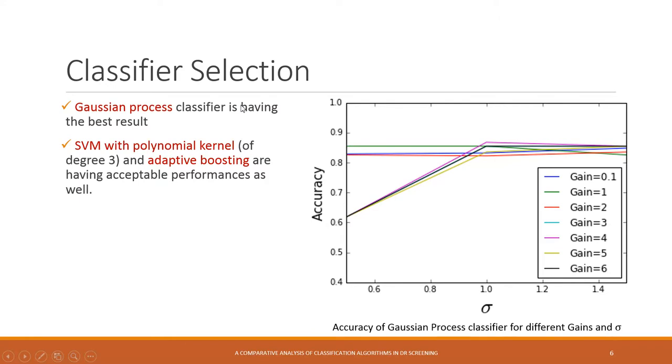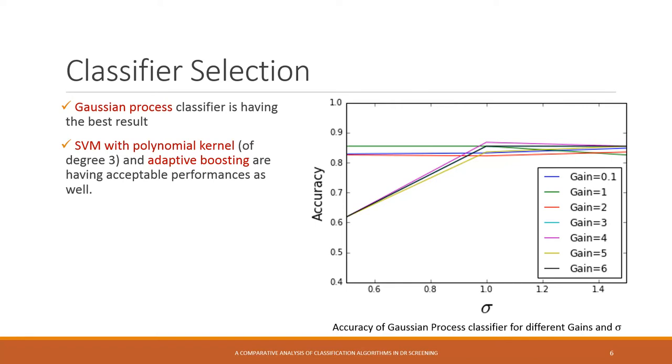Based on the comparison results, the Gaussian process shows the best performance with more than 87% accuracy and F1 score, as well as 88% precision and recall. SVM classifier with the polynomial kernel of degree 3 and adaptive boosting approaches are relatively close seconds, which by further tuning are having acceptable results.